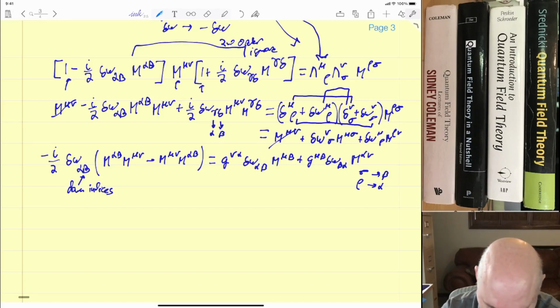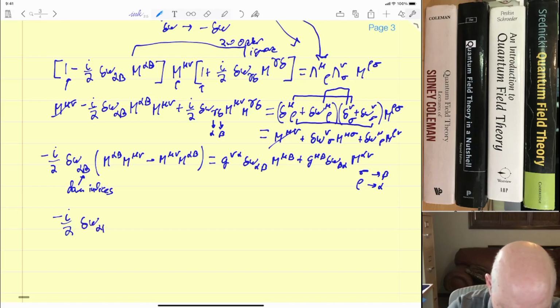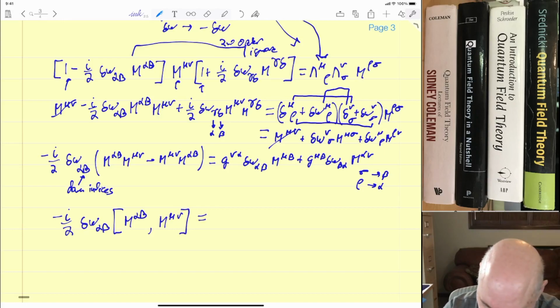Okay. Now this is a commutator, so let me write that down as a commutator. Minus i over 2 del omega alpha beta commutator M alpha beta M mu nu. Now we know that the omega parameters are anti-symmetric, so I'm just going to factor them out.